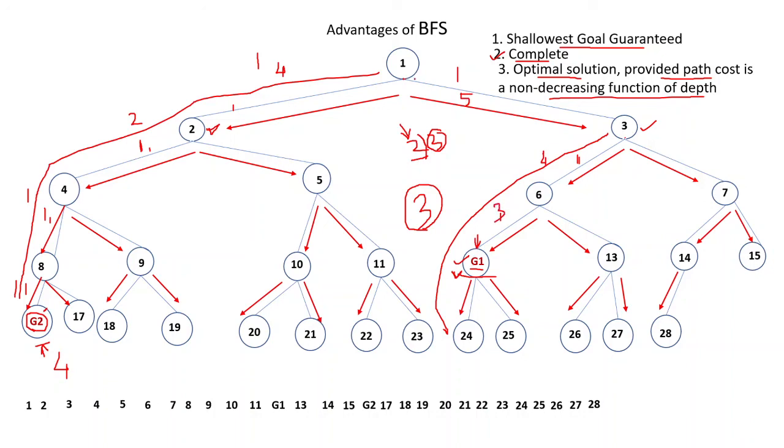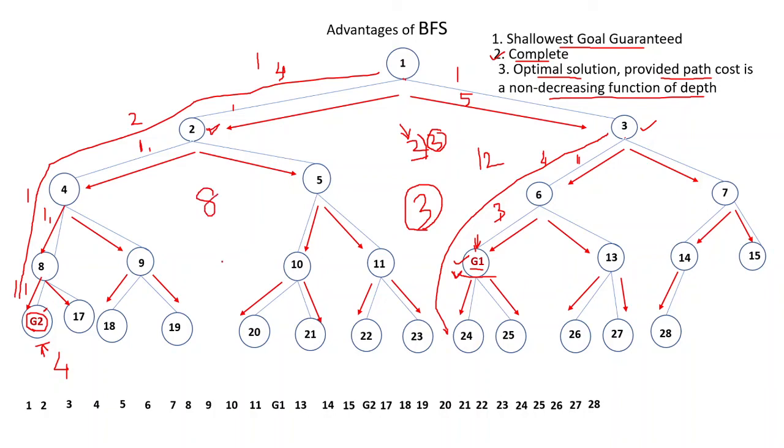So the total cost to move from node number 1 to point G1 will be 5 plus 4, that is 9, plus 3, that is equal to 12 in this case. And this is also decreasing in a fashion. The cost of moving from point 1 to point G2 will be 4 plus 2, that is 6, plus 1, 7, plus 1, 8.